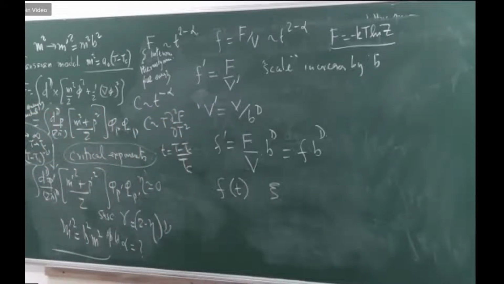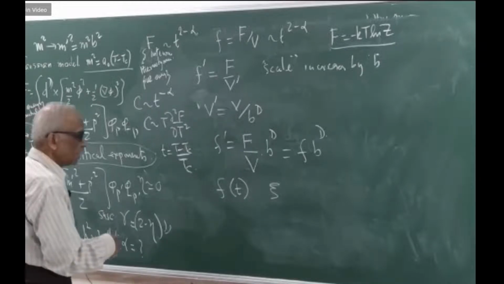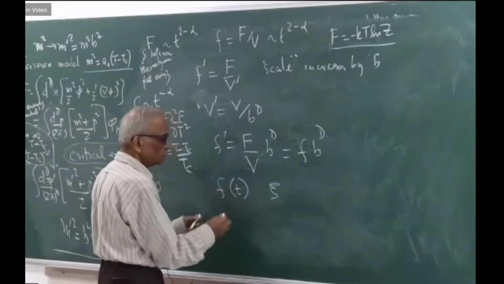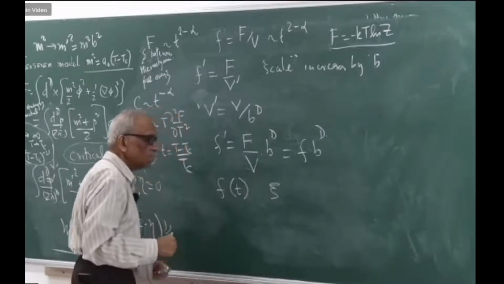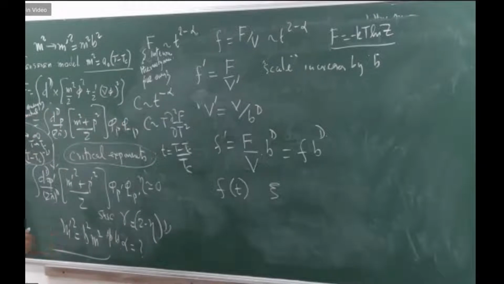So f of T is at some temperature T where the correlation length is given by xi.